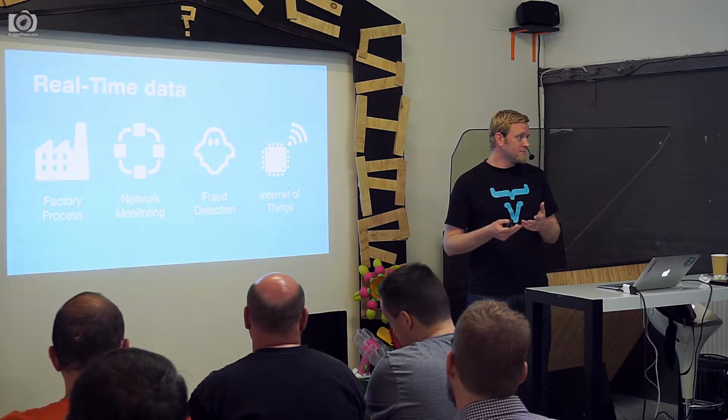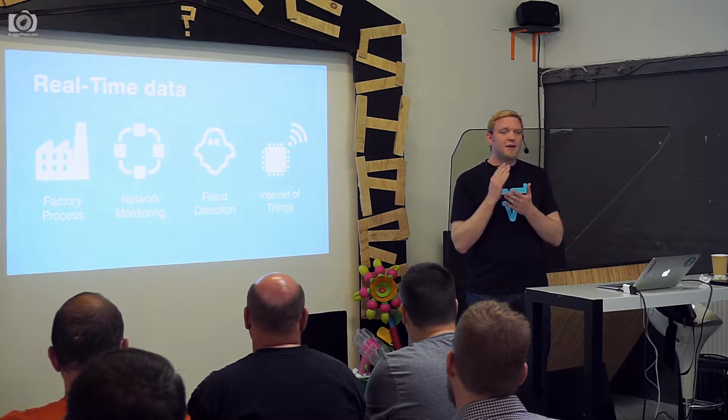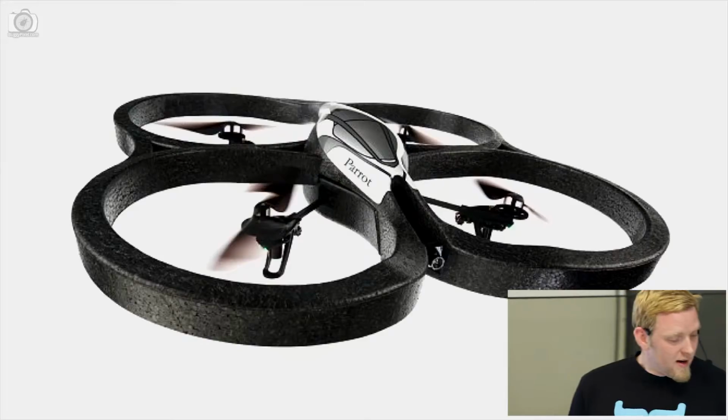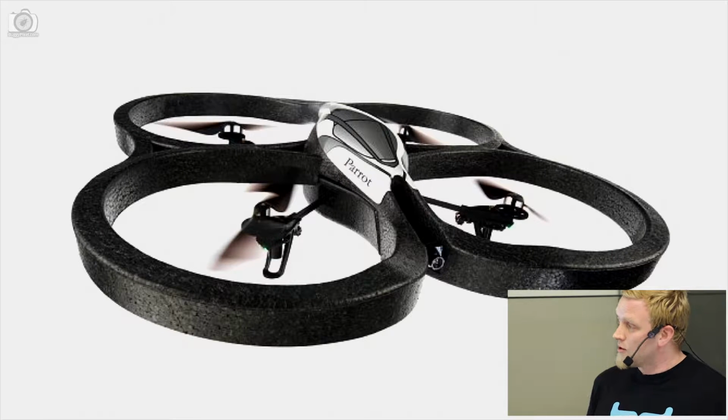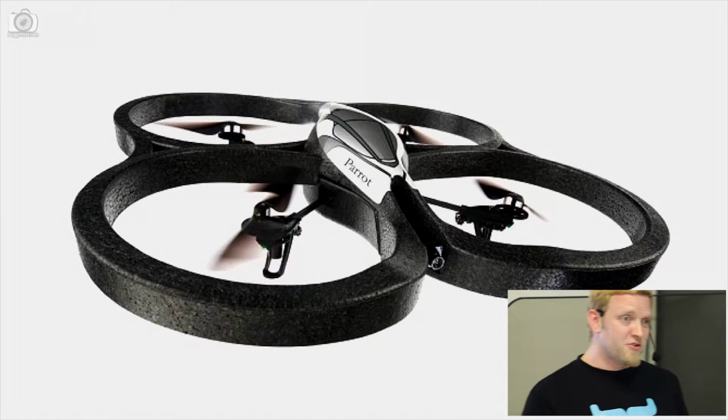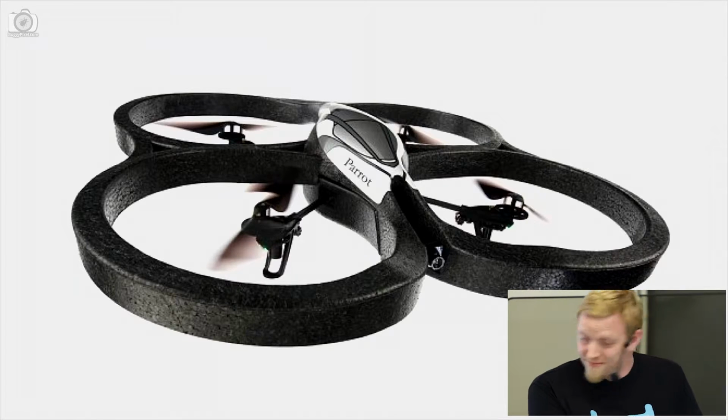It's tracking all the time, and you have to sample that and put that out somewhere. So basically, what you see here today is relevant for all of these cases. It's the same thing. There's no magic in it. But our little business process or factory process we are monitoring is the drone.